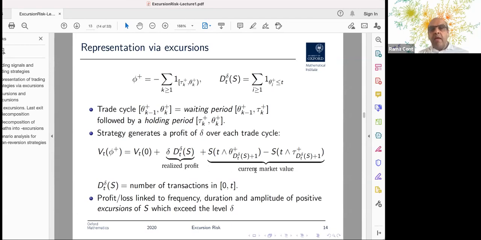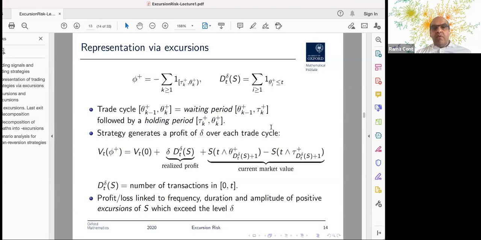And during this cycle, it depends on the value of the signal, the portfolio you short. So it's the value you shorted at minus the current value. So this is the mark-to-market loss or gain at any point in time t. Okay.